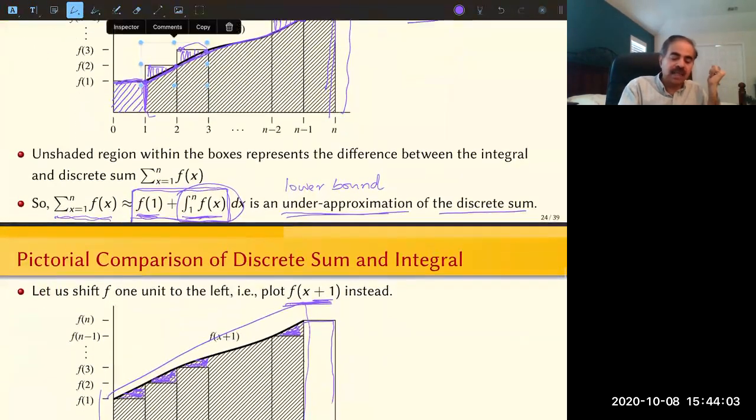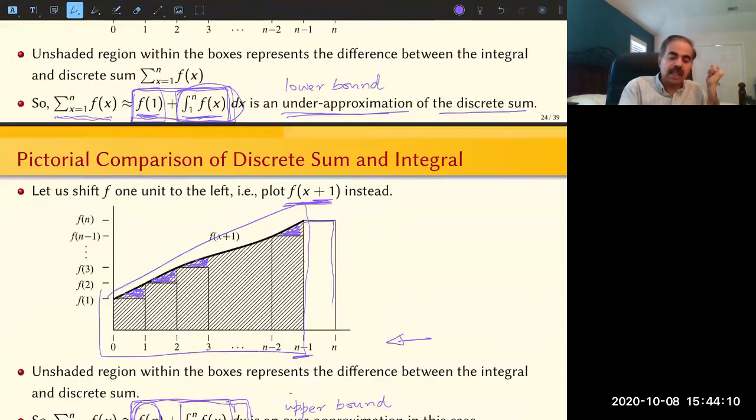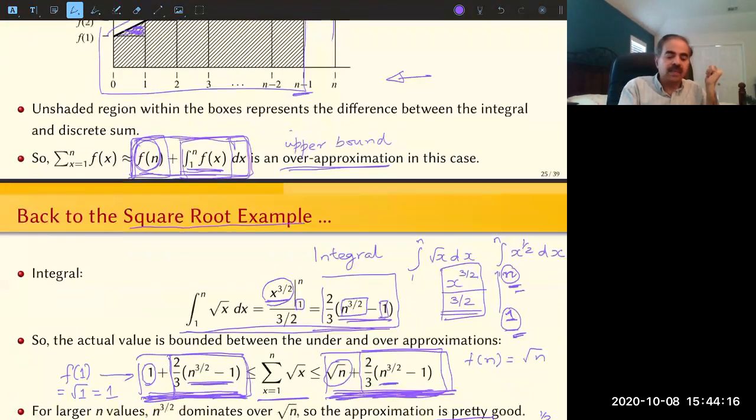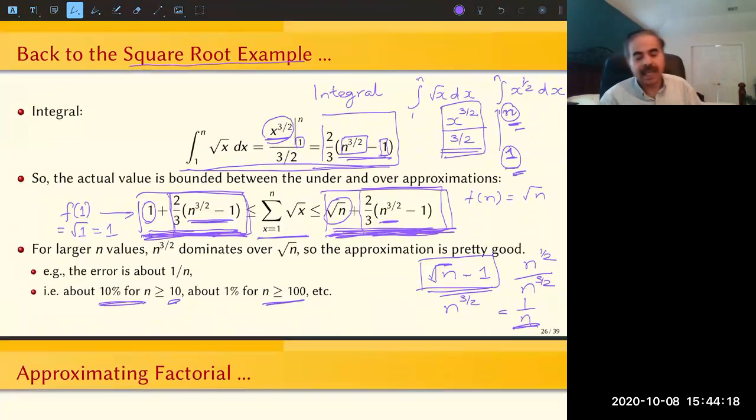And then we have these two bounds, where the lower bound is the integral plus f of 1, and the upper bound is the integral plus f of n. Okay, so with those two bounds, we can estimate fairly accurately what the value is. Michelle?